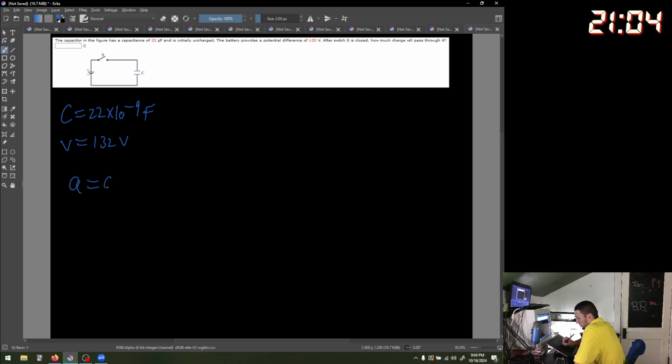And charge equals CV, so charge here is going to be 22 times 10 to the negative 9th times 132, which is going to equal 2.9 times 10 to the negative 6.